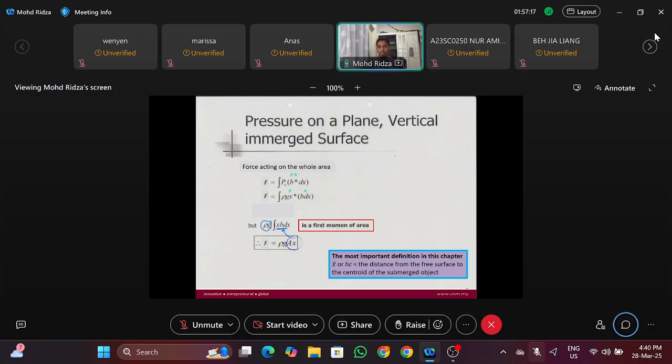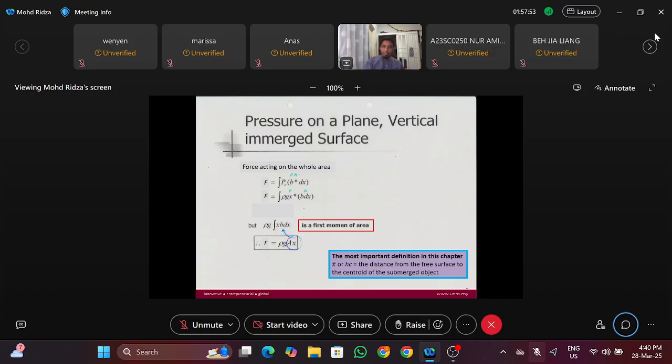The integral of x b dx equals A times x bar, the area times x bar. So in the end, this is the equation: the hydrostatic force on the object is rho g times A times x bar.